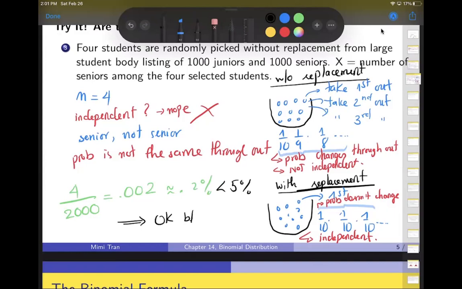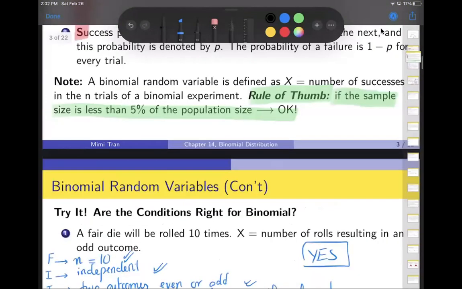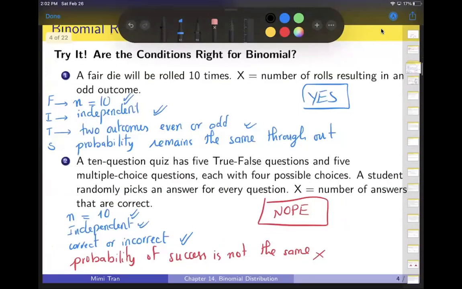Because of the rule of thumb, the sample size is less than 5% of the population size.